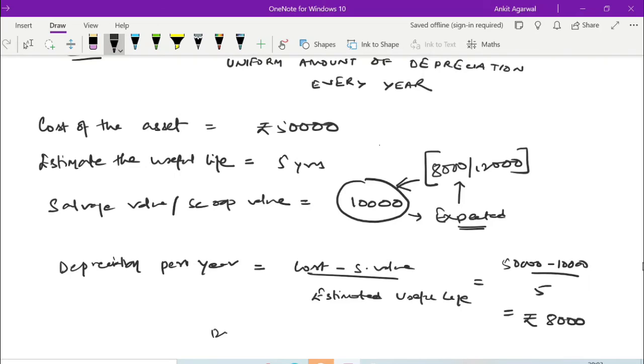So depreciation amount per annum will be rupees 8,000.